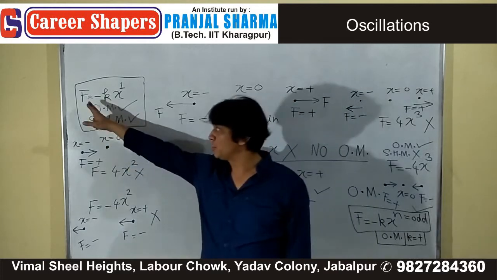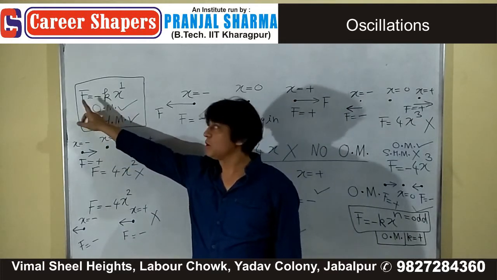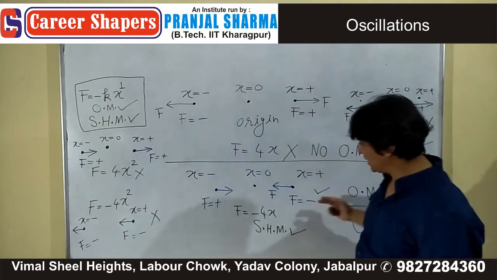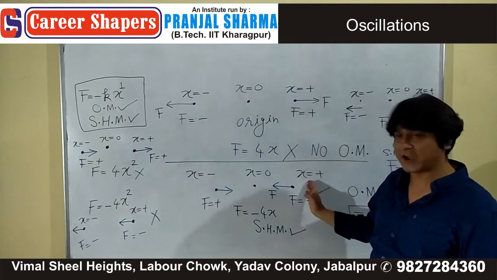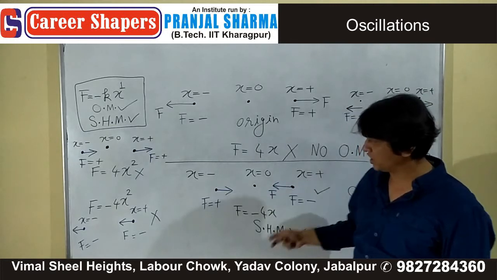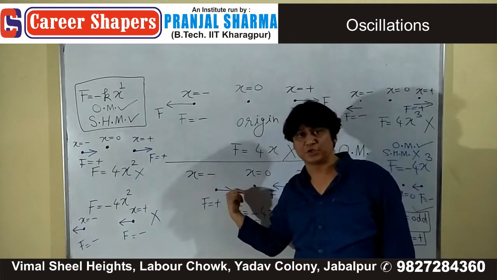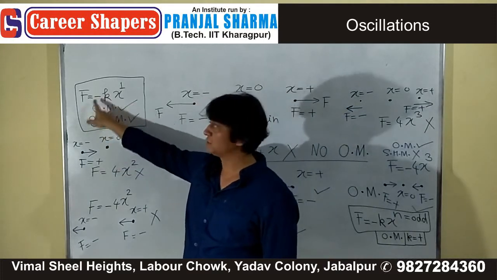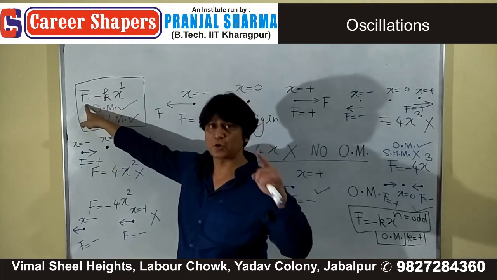So, whenever you have a force, what is the meaning of negative sign? It changes direction. If you're on the positive side, force is this way. If you're on the negative side, force is this way. What is it called? Restoring force. So this negative sign means restoring force.